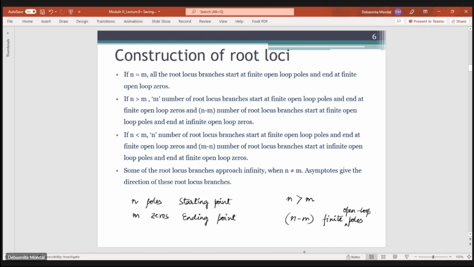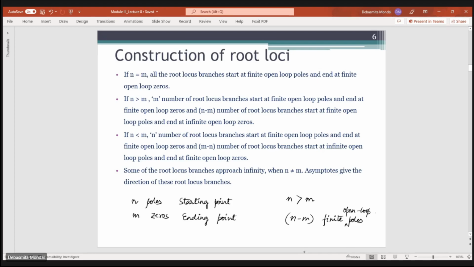So if n is greater than m, m root locus branches start at finite open loop poles and end at finite open loop zeros, and the rest, n minus m branches, start at finite open loop poles and end at infinite open loop zeros.